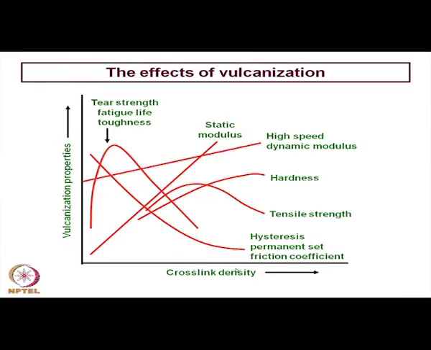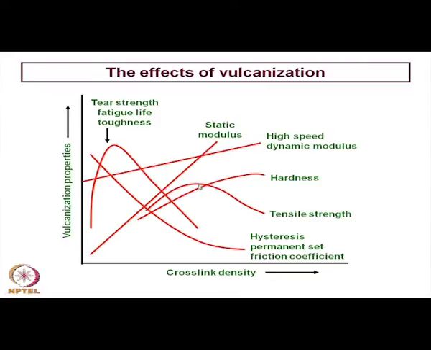Now, you see the static modulus, tensile strength and modulus, all these things which are measured using a dumbbell specimen by applying tensile force, that is known as a static test. In this static state one can get static modulus as well as tensile strength as well as tear strength, etc. And you see with the increase of cross-link density, the static modulus increases, hardness increases, and tensile strength increases through a maximum.